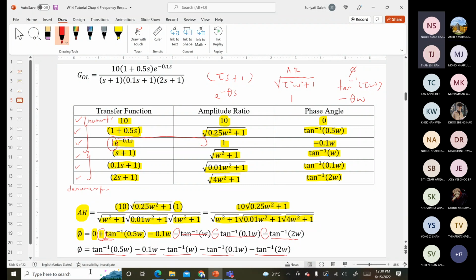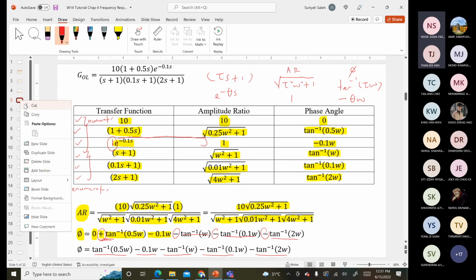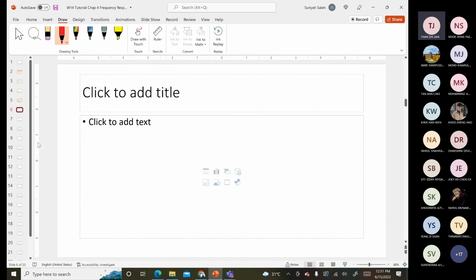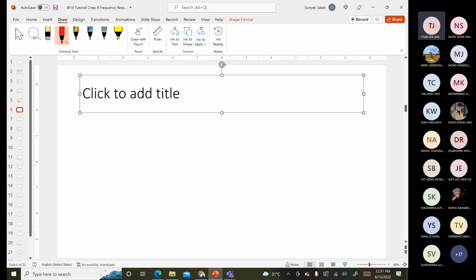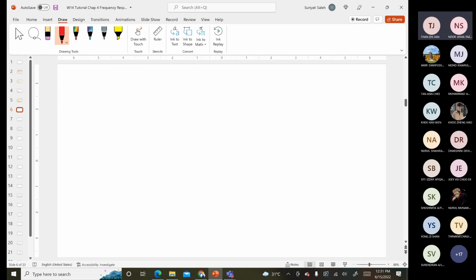So let's say in this case, let me create a new slide. We know that if you have tau s plus 1 as the transfer function, then the AR by default will be square root of tau square W square plus 1, and then the angle is the inverse tangent tau W. So this is the standard form.